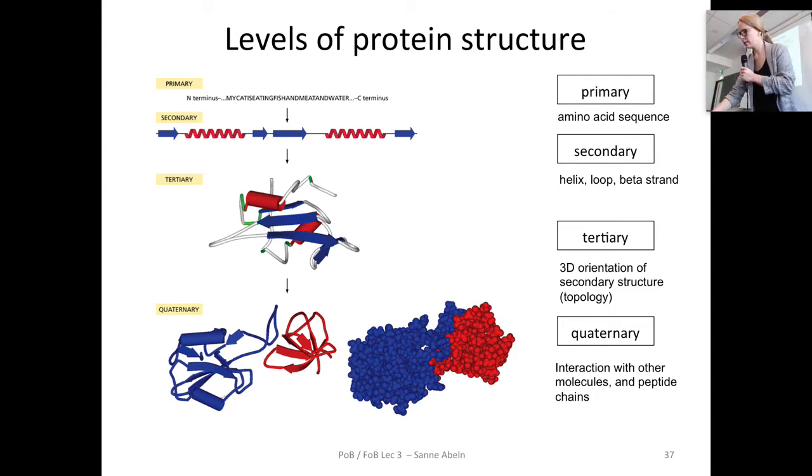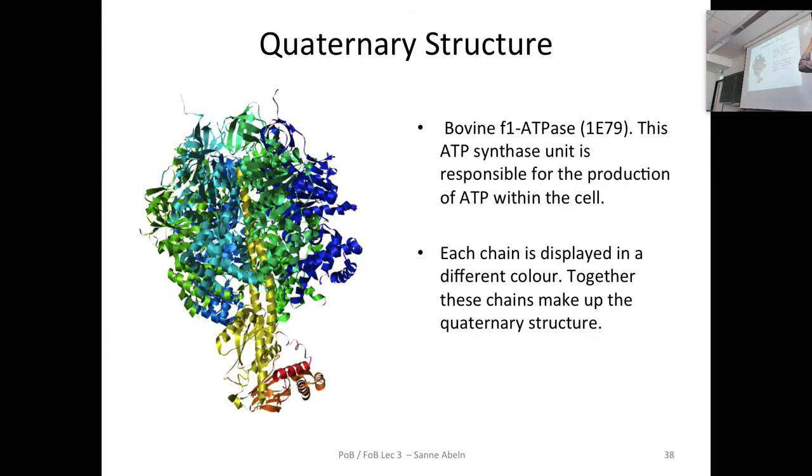Alright, so we've seen this. This is a quaternary structure. I like this figure because you can really see from the structure that this is a motor. It actually does rotate in the cell. The point here is that there are different colors, and every separate protein is a different color.